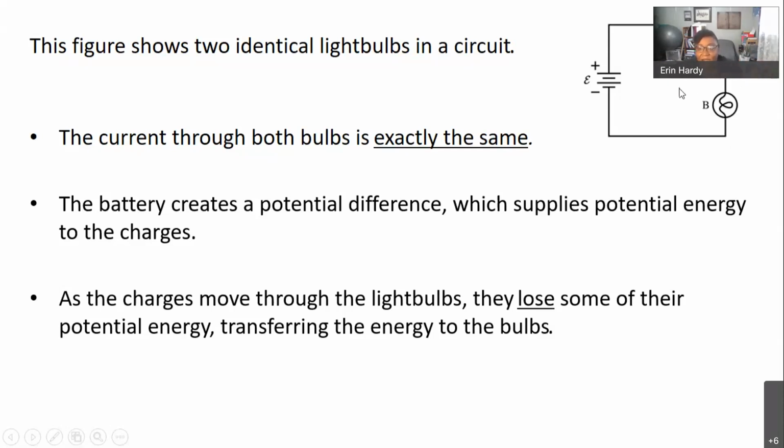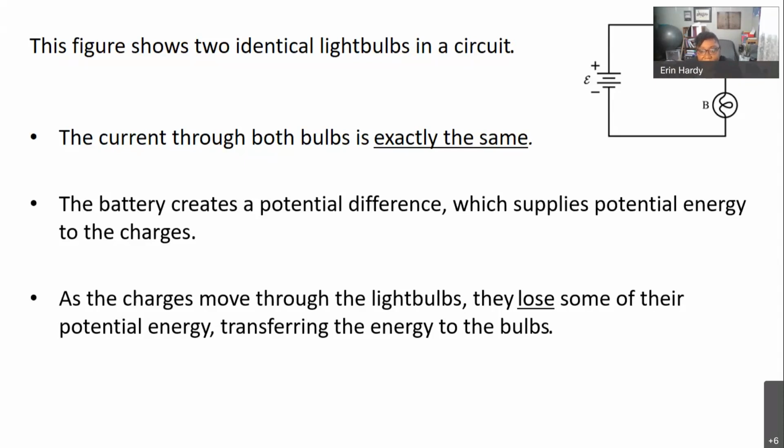For a generic resistor, it wouldn't produce visible light. But if you think back to the very beginning of our current and resistance discussion, when we were talking about indicators of current that you can use to determine whether current is present or not, let's say if you don't have an ammeter, you would still be able to feel a temperature change for a resistor that had some current moving through it compared to a resistor that had no current moving through it.